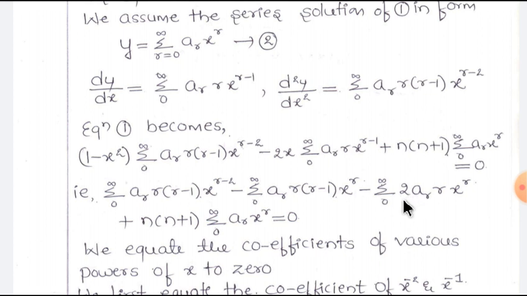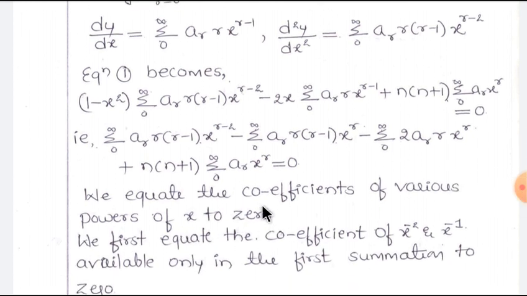Keep as it is, a summation of r into x to the power r minus 1, summation of ar into r keep as it is, here x to the power r minus 1, so x to the power plus 1 x to the power minus 1 get cancels, remaining term is x to the power r, plus n into n plus 1 summation, third term keep as it is which is equal to 0.